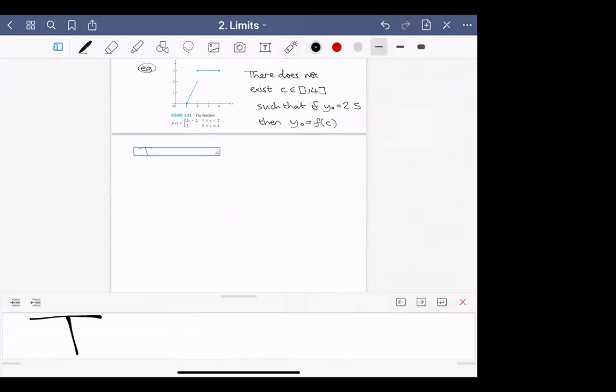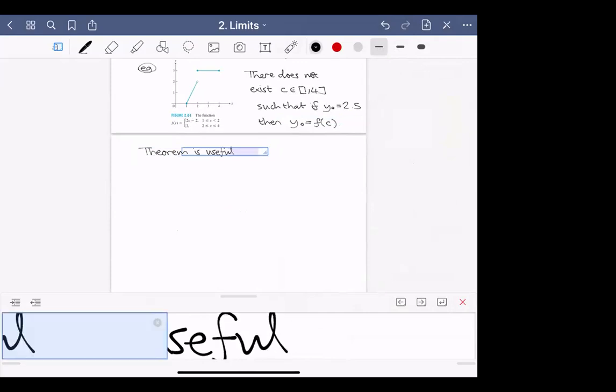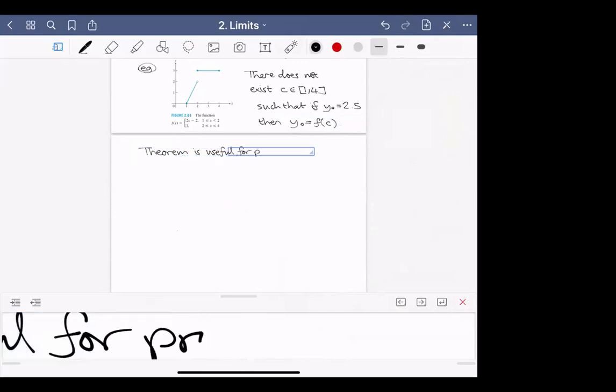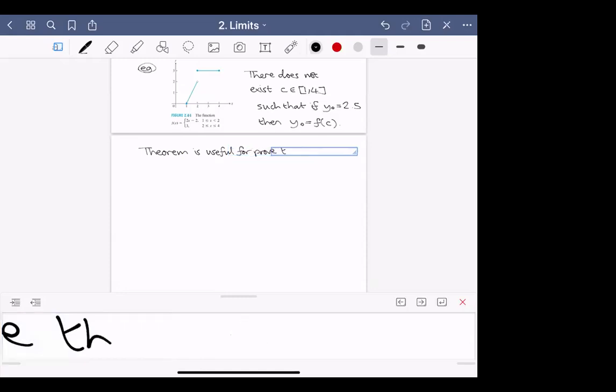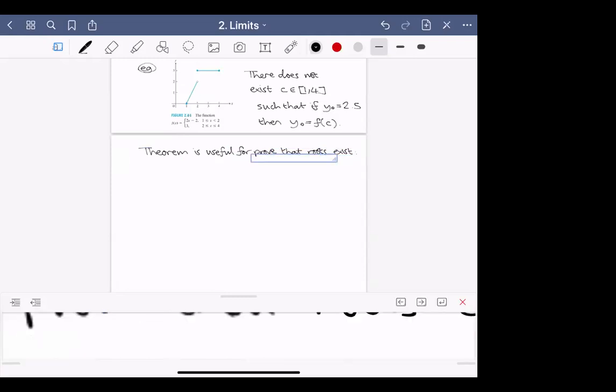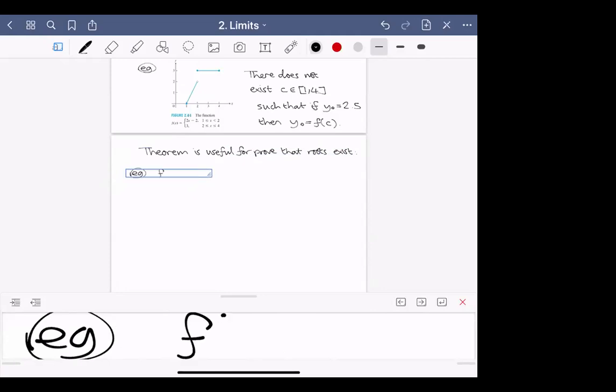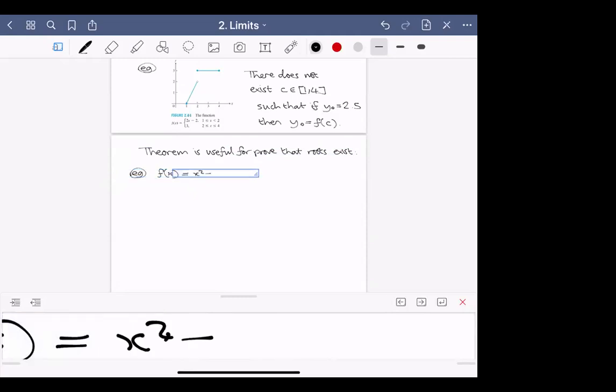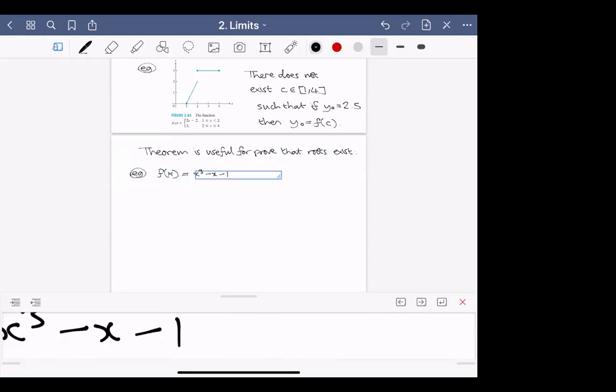Okay. So for this function, the theorem is not true, but that's because this function is not continuous. So this theorem is useful for proving that roots exist. So for example, f(x) equals x cubed minus x minus 1.